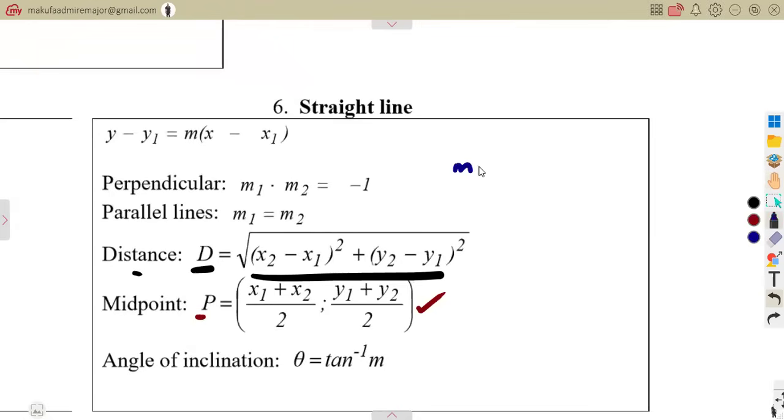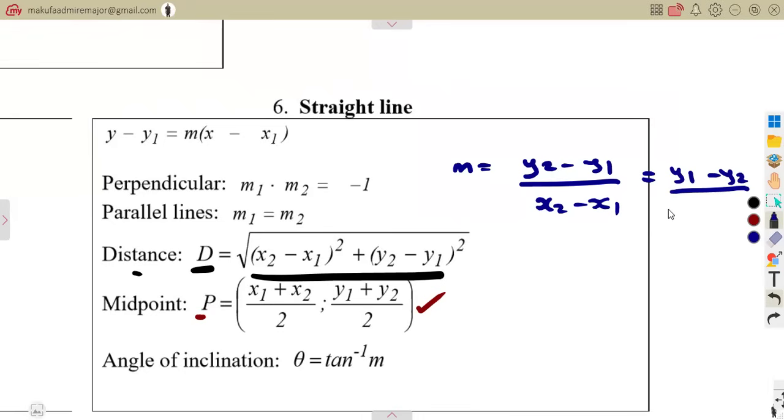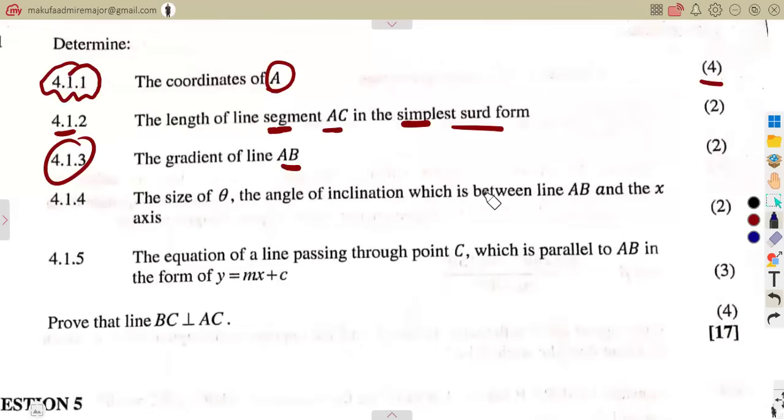So the gradient, which is M, is equal to the change in Y over the change in X. You can use this, or you can use (Y1 minus Y2) over (X1 minus X2). It's in your hands again. So this is the formula that you can use. So you need the gradient of line AB.